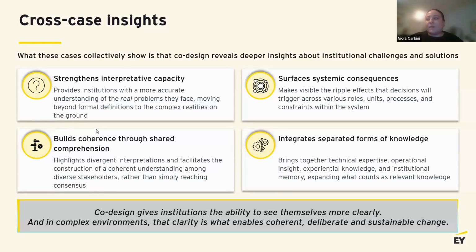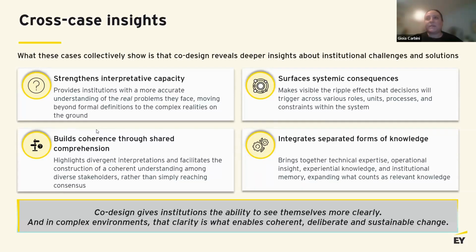So they can see systemic consequences. They can see how we need alignment through shared comprehension, not through consensus, as I mentioned, and at the same time, how co-design truly integrates different types of knowledge.